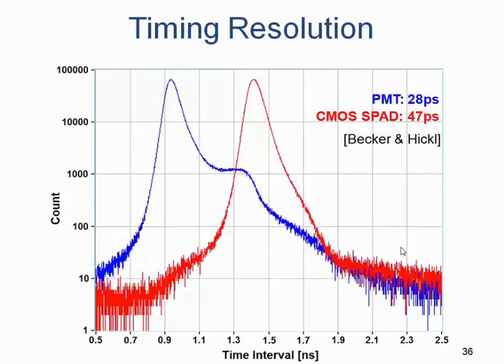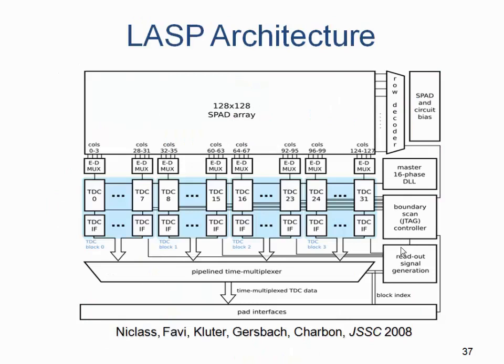It turns out that SPADs, or single photon avalanche diodes, have an excellent timing resolution, typically of the order of 50 to 100 picoseconds. So the combination of amplification and very good time resolution gives you the ingredients for an excellent TCSPC technique. This is something we looked at in an architecture known as LASP.